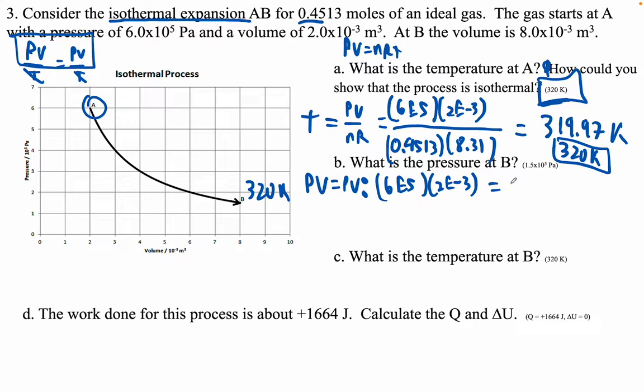And then that equals the pressure at B, which we don't know, but we know the volume, which is 8 times 10 to the minus third. 6E5 times 2E minus 3 divided by 8E minus 3, and we get the pressure at B is 150,000, just like we predicted, right?